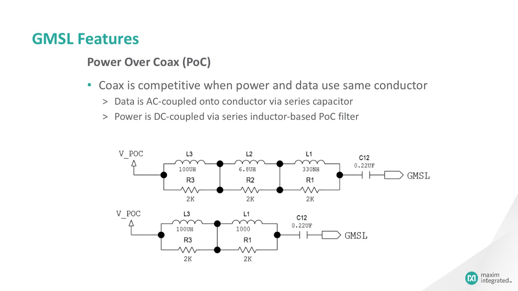Since all consumed power passes through the power filter, the size and DCR of inductors becomes an important design parameter. Maxim has reference POC filters based on 3 inductors and 2 inductors, depending on efficiency and size constraints.